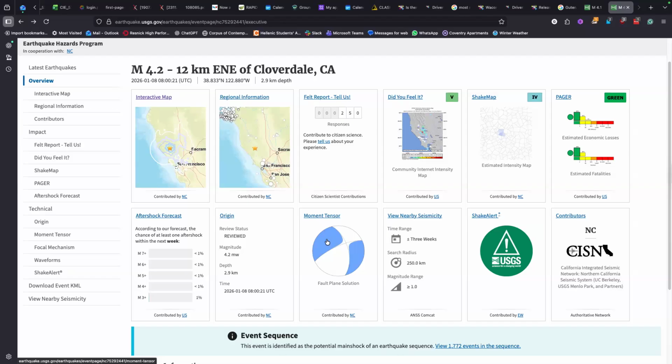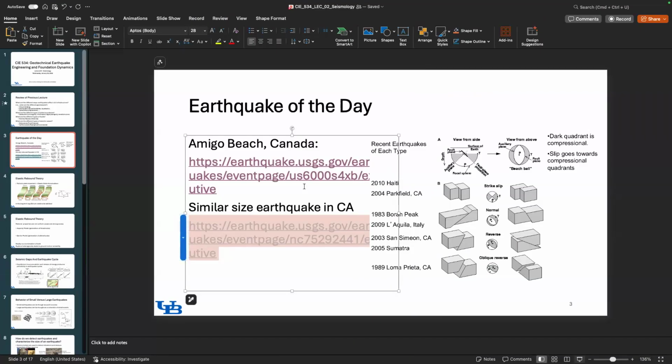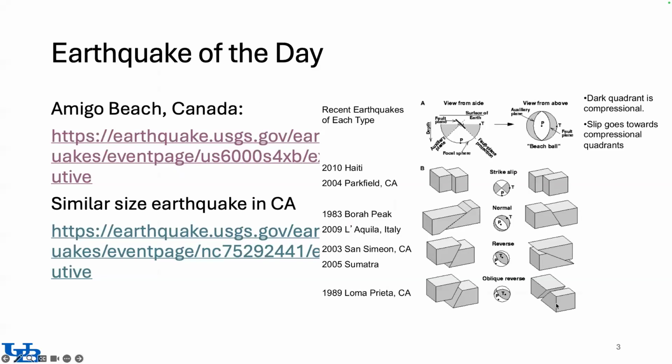And the shaded region is... let me see if I can do that. So we will revisit this in more detail, but one way that we can think of an earthquake, if this is a fault, and you have this sense of motion and then the confining stress, then essentially in a beach ball diagram that can be interpreted as this moment couple and this moment couple to produce equilibrium.